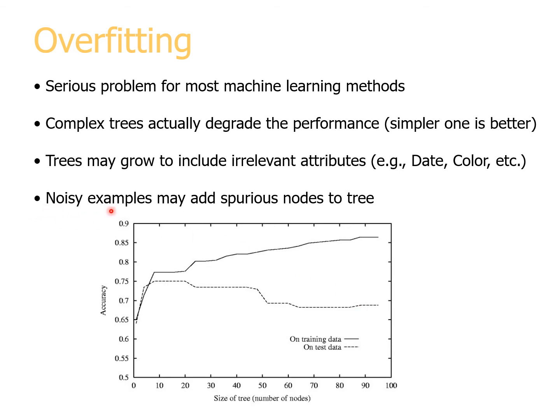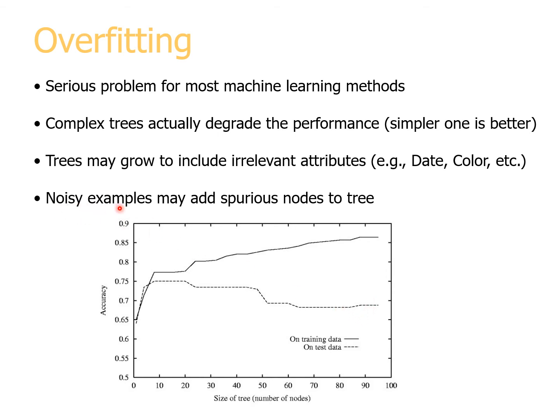The second reason is, when you select an attribute, again, you select it based on information gain or gain ratio. These are computed based on data, and many data actually are noisy. So later on at this stage, you select attributes based on noisy data.